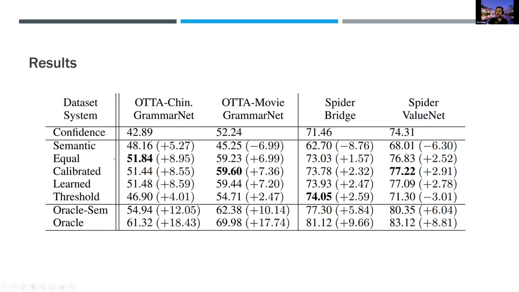And if we look at the results, we have trained it on 4 different systems with 2 different data sets. We see that if we just use the confidence score alone, then for instance for the Spider with the BRIDGE system, we get 71 points. Unfortunately, in most cases, using only the semantic similarity score, you would get lower scores, except for this system here.